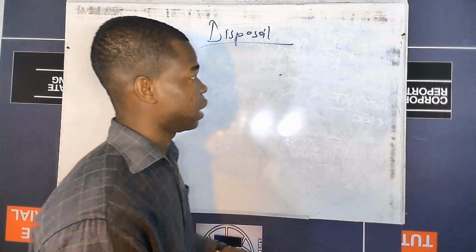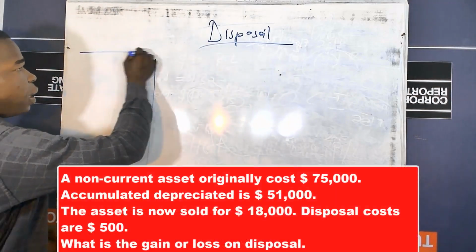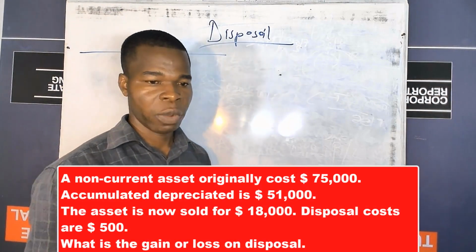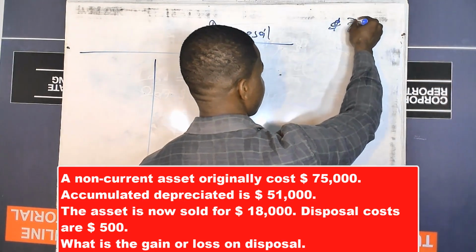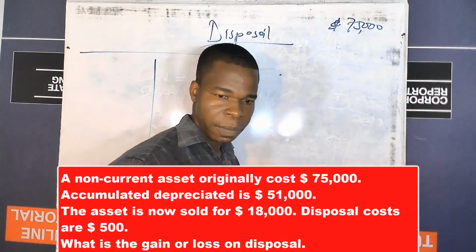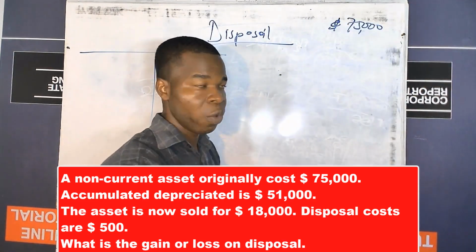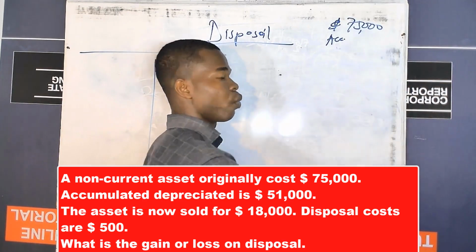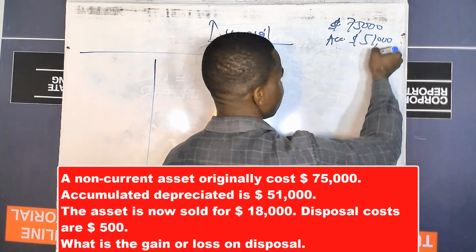The first one is using the ledger, the T account. So let's use the question on the screen to establish our understanding. They said a non-current asset originally costing $75,000 and has accumulated depreciation, that is, as at the day they are disposing of it, of $51,000.